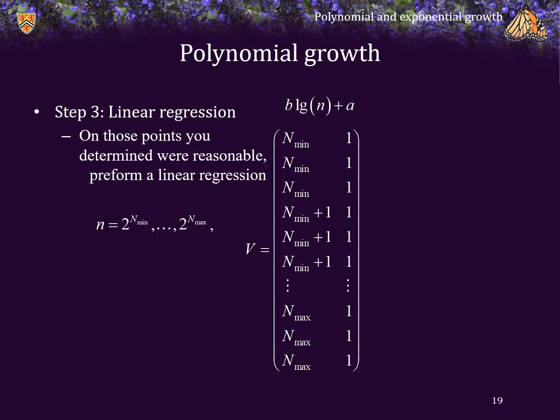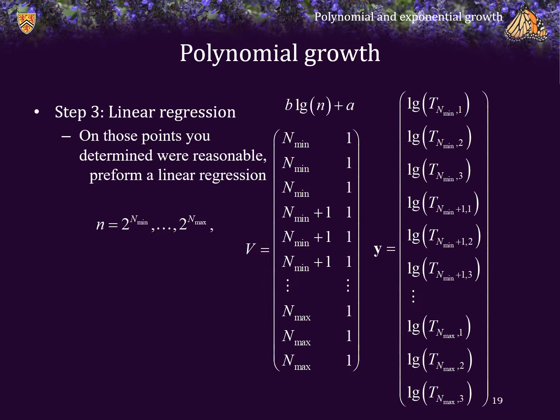Remember that we have 3 data points per value of n. Therefore, we're going to have 3 values of n sub min, then 3 values of n sub min plus 1, because we have 2 to the n sub min plus 1, and so on and so forth. And then finally 3 values of n sub max.